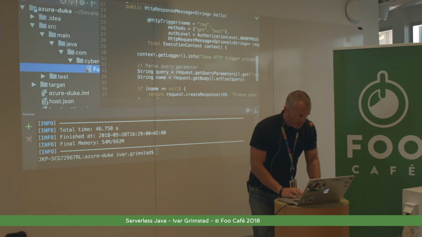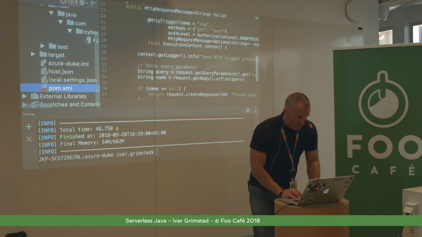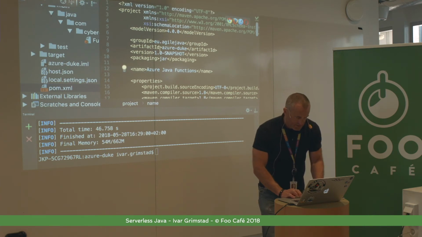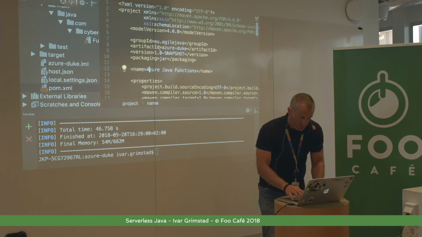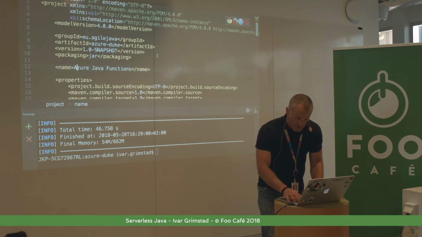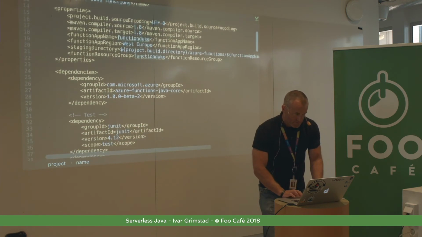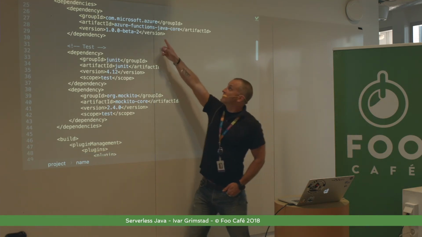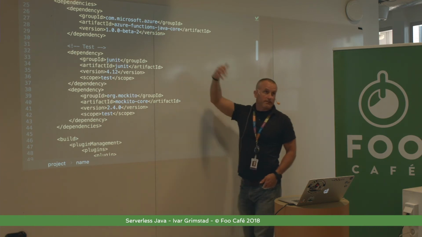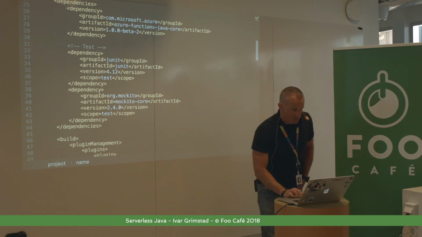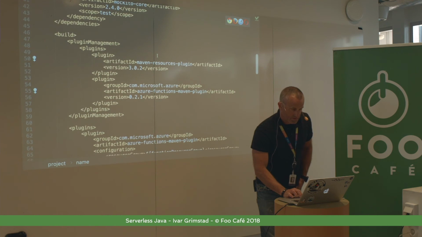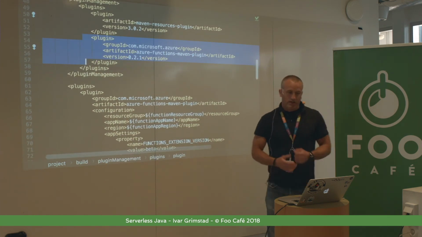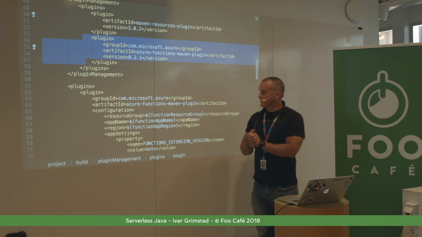Let me see here. So in the Microsoft case, they've created a plugin for us. As with the Amazon, you have some kind of core stuff that gives you useful things to deploy it, and you also have the Microsoft Azure Functions Maven plugin.